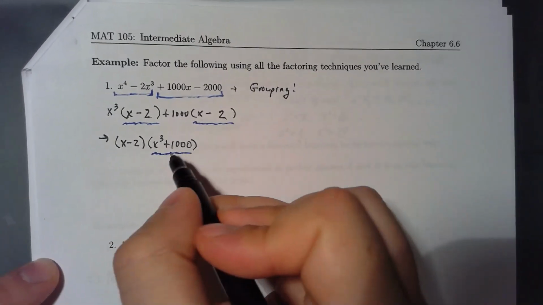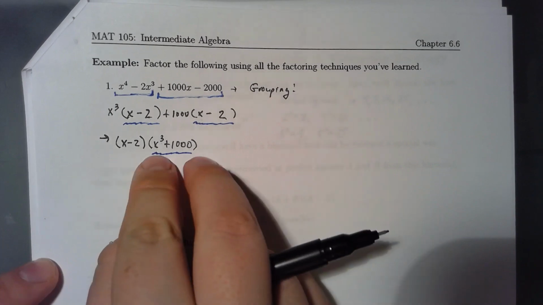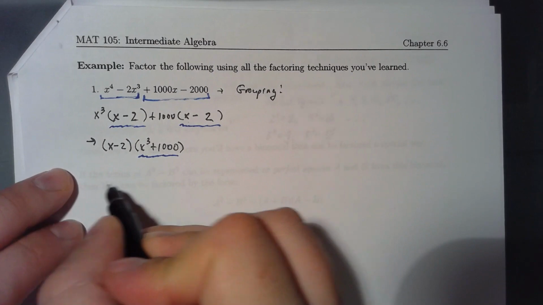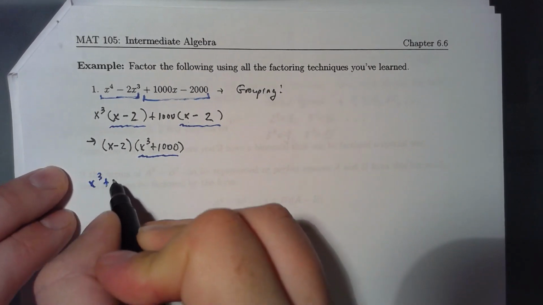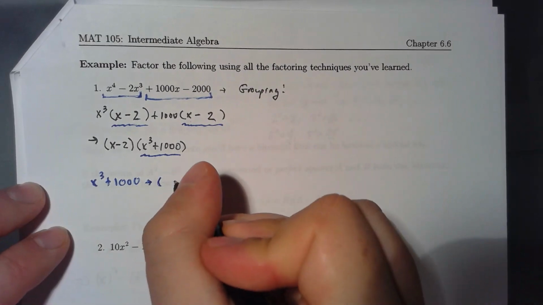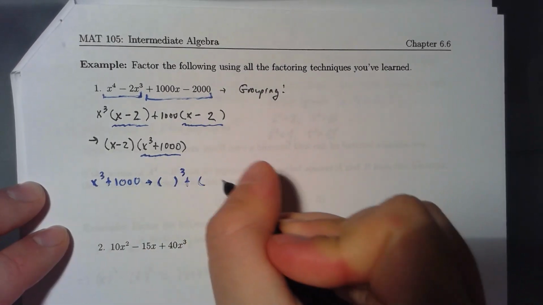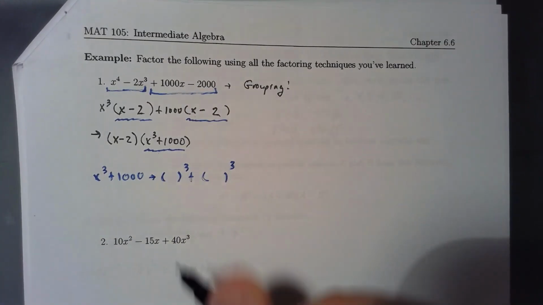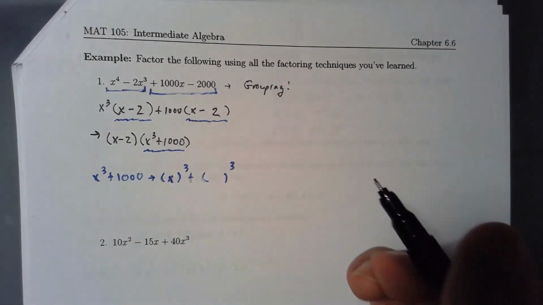That right there is a sum of 2 cubes, because this could be written as a number cubed plus a number cubed. The first one's easy, that's x.